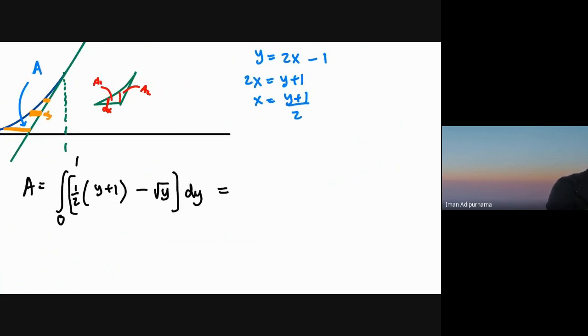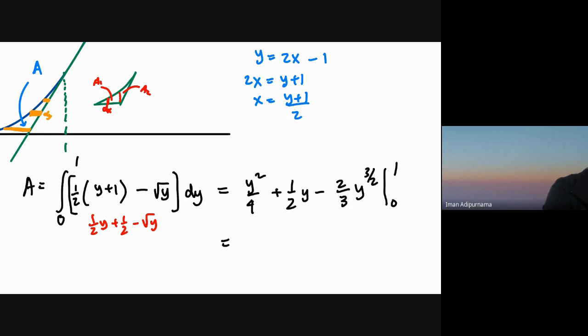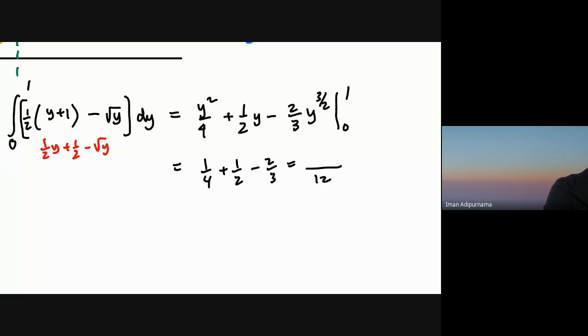This will be 1 over 4 plus 1 over 2 minus 2 over 3. One over 12, right?